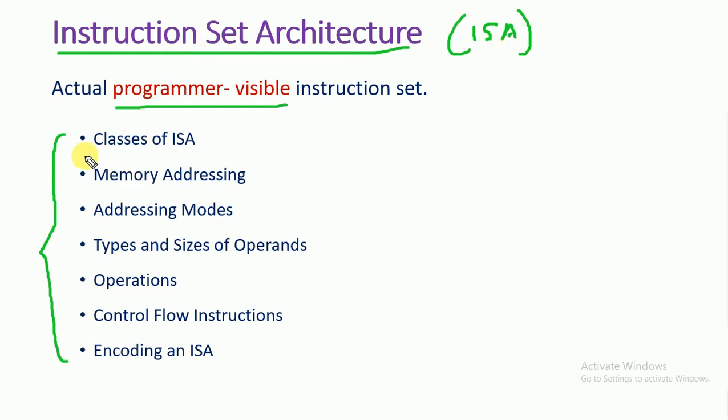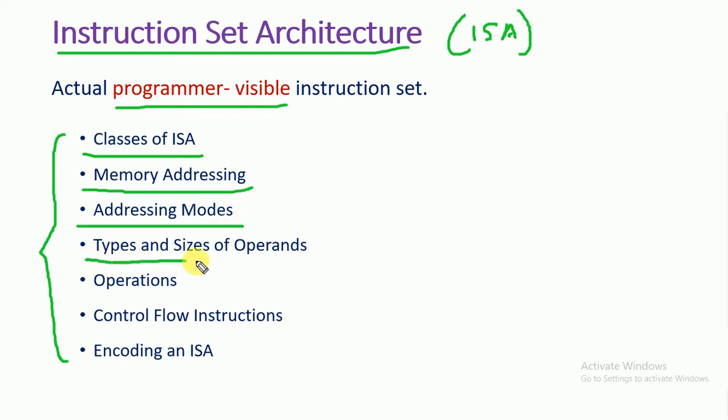Inside this we will be discussing the different classes of instruction set architecture, the different types of instruction sets, then how memory addressing can be done, what addressing modes are available, and how these memories can be referred to. Different addressing modes are being used, so we look at some of the addressing modes used in various processors.